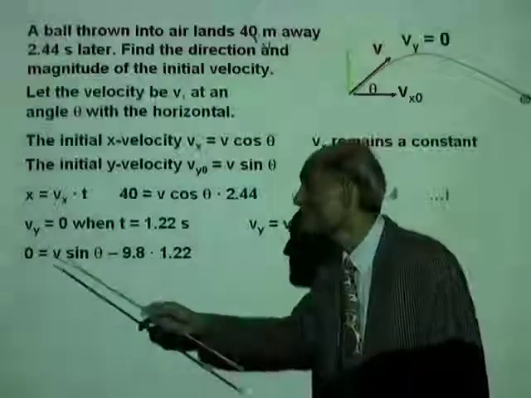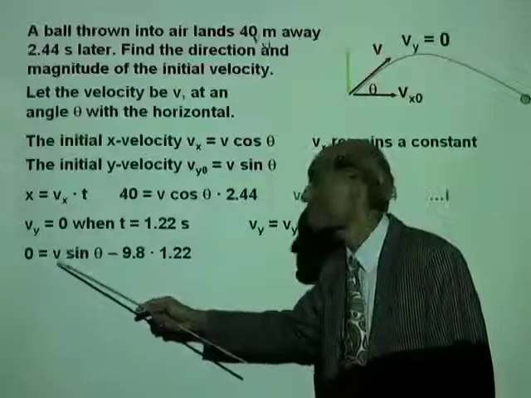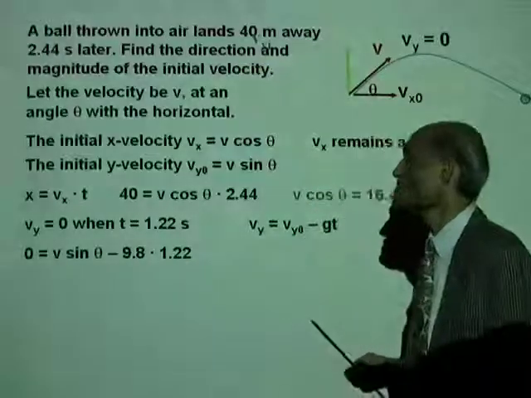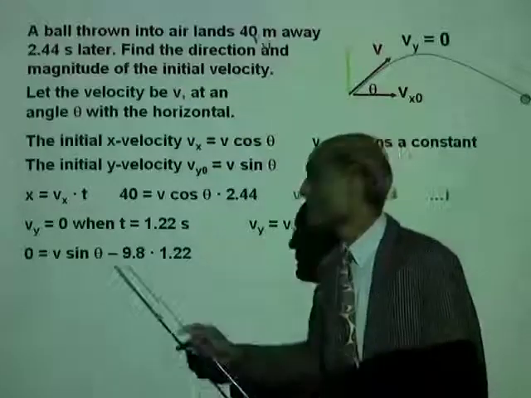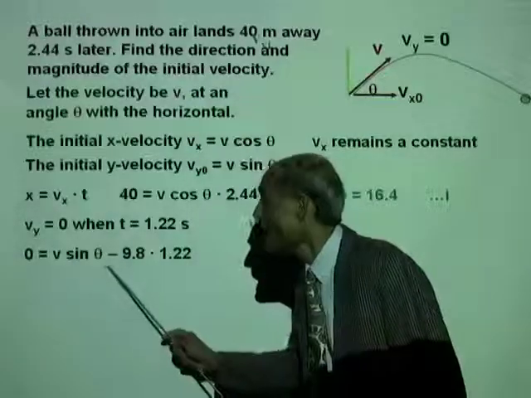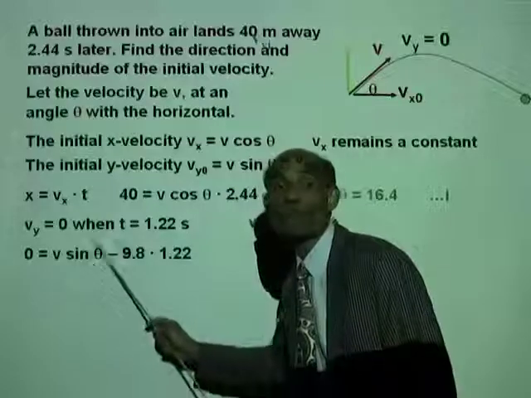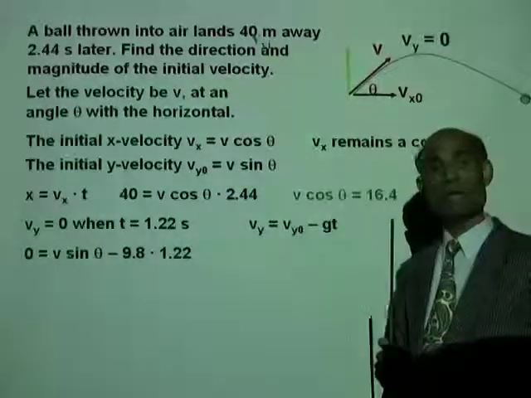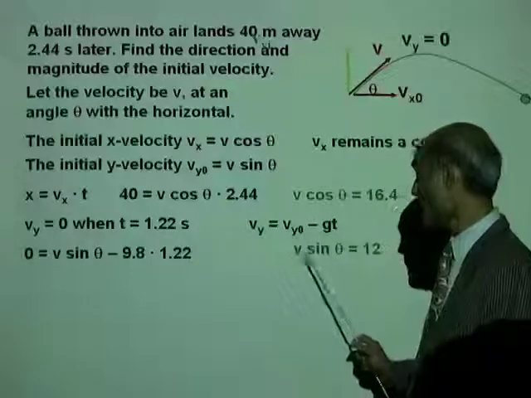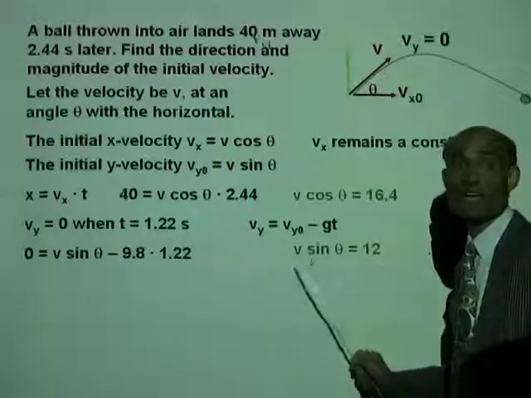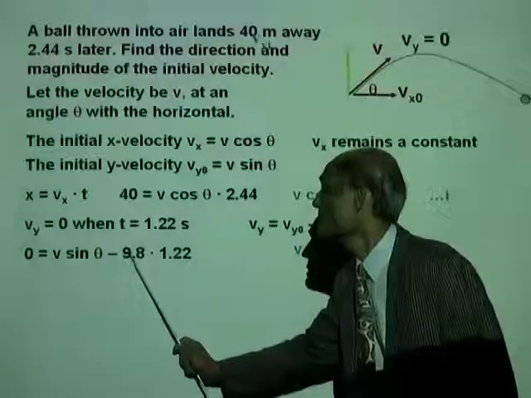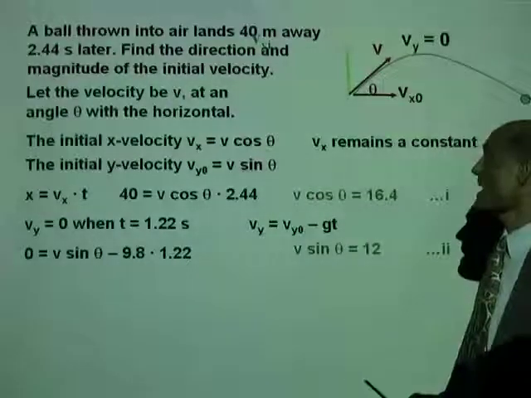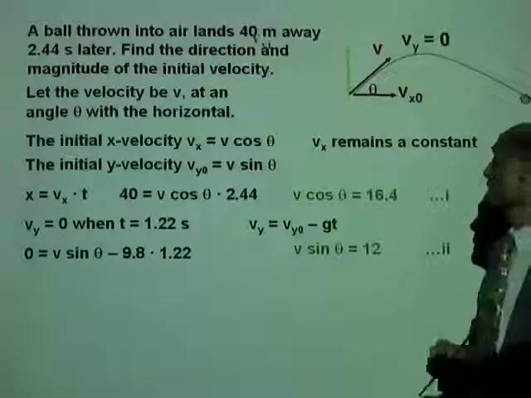So look at the equation we produced: 0 equals V sin theta minus 9.8 times 1.22. We can now obtain a value for V sin theta. Can you solve for V sin theta from there? Well, I have solved. V sin theta equals, taking this to the other side, 9.8 times 1.22, that is 12.